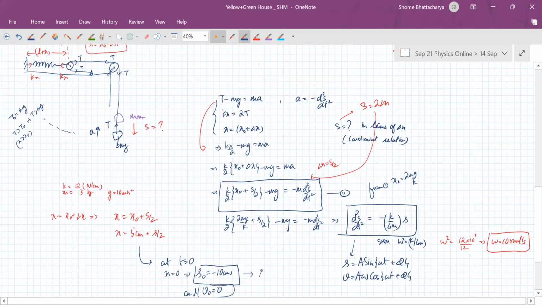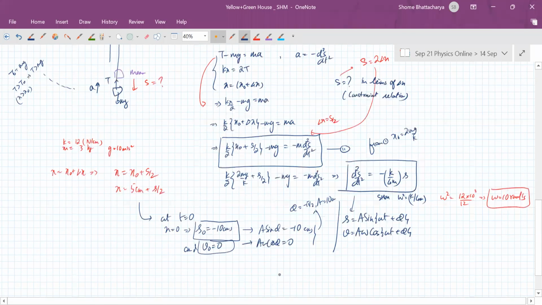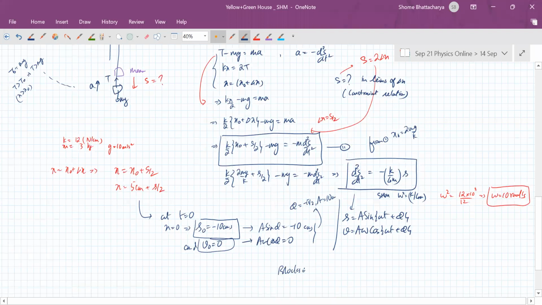So this is telling me that a sine phi is minus 10, and this is telling me that a omega cos phi is 0. So this set of things is now telling me that phi is minus pi by 2 and a is equal to 10 centimeters. So the block's SHM is that its downward displacement from the mean position is 10 centimeters sine(10t minus pi by 2).